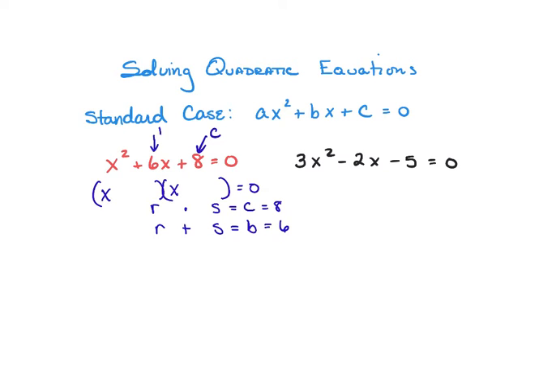That's this guy. So 2 numbers that multiply to 8, and you just start making a list. It could be 1 times 8 or 2 times 4, sorry. 1 times 8 and 2 times 4, they both multiply to 8, but we want the pair that add up to 6, so we're going to use the 2 and the 4.